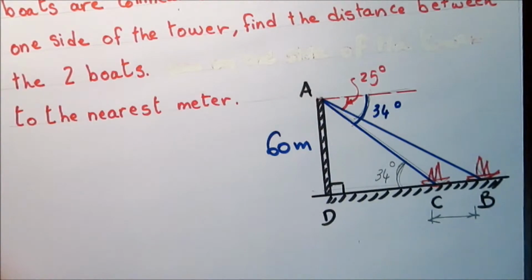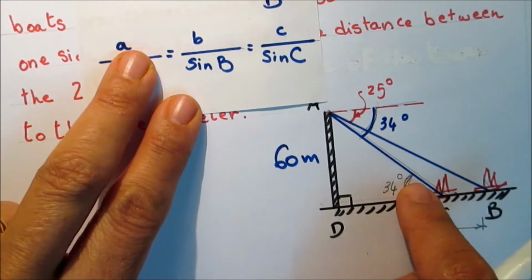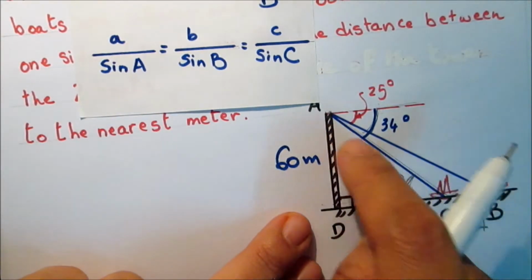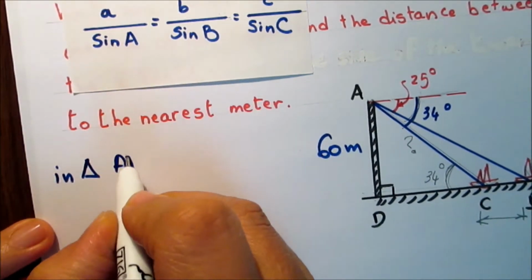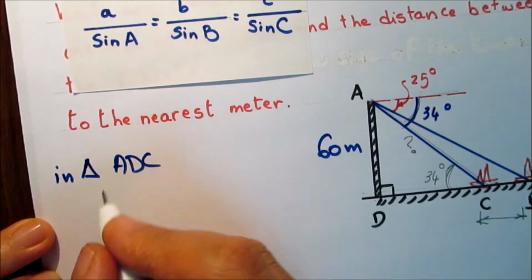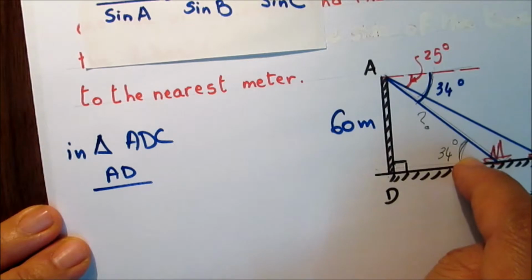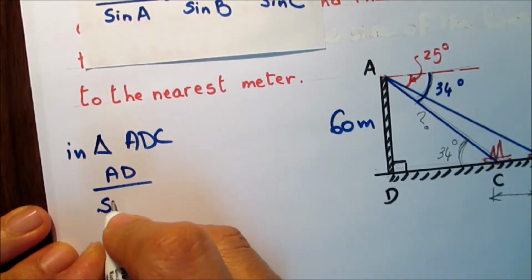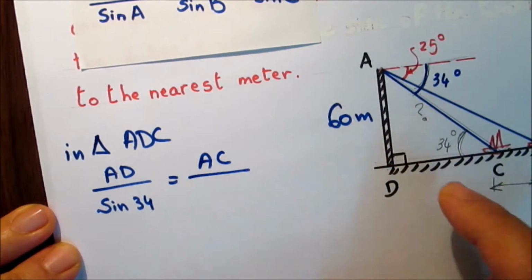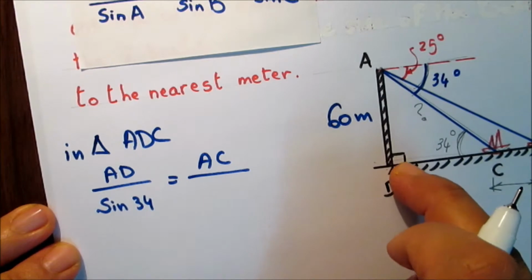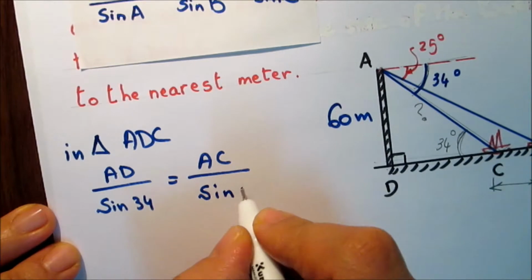We can use the sine law to find the length of AC first. A side over the sine of the opposite angle equals the length of the other side over the sine of the opposite angle. In triangle ADC, this right triangle, we have AD over the sine of the opposite angle, which is 34, so AD over sine 34 equals AC over the sine of the opposite angle 90 degrees.